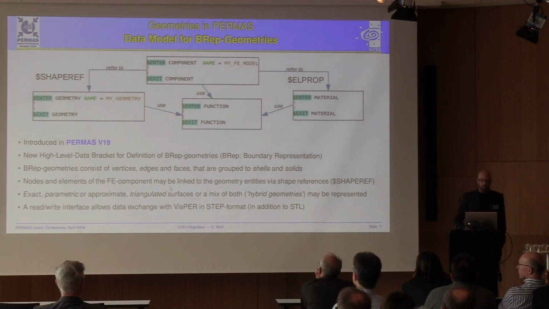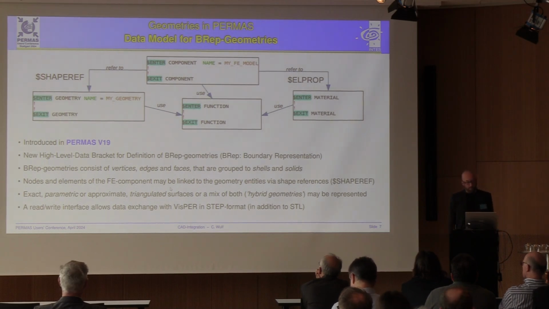And in addition, we also added an interface so that we are not only able to export triangle surface meshes to STL, but also read and write geometry data in the well-known STEP format.